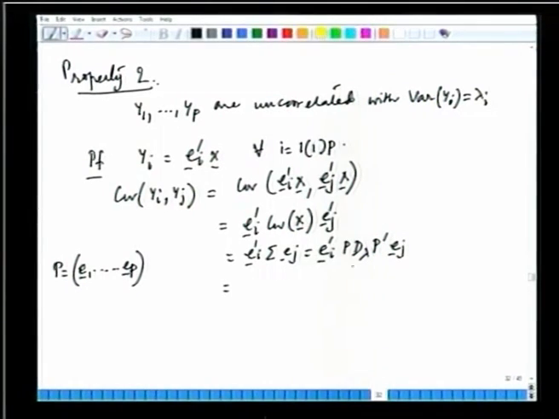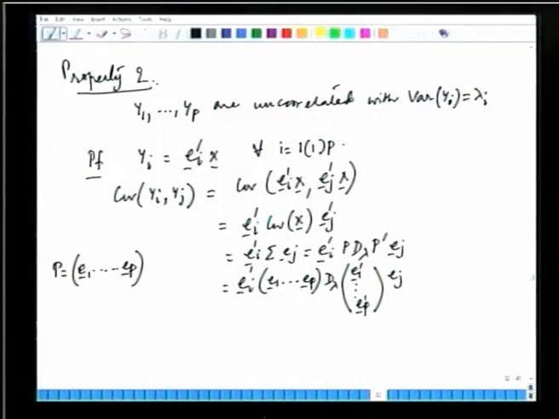Once I realize this, I can also realize very quickly that if I write this as Ei transpose, and here I have E1, E2 to EP, then D lambda, and here the transpose of this, that is E1 transpose to EP transpose, and Ej here.